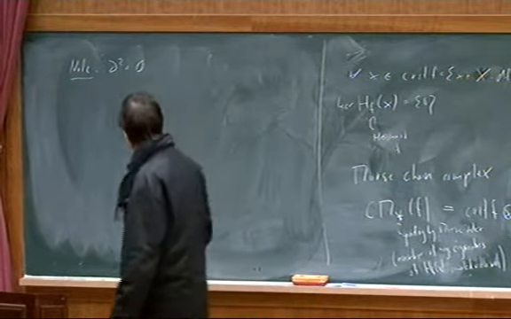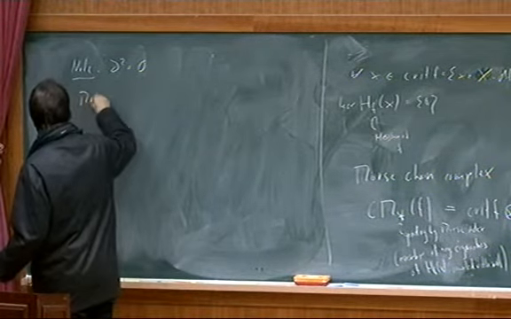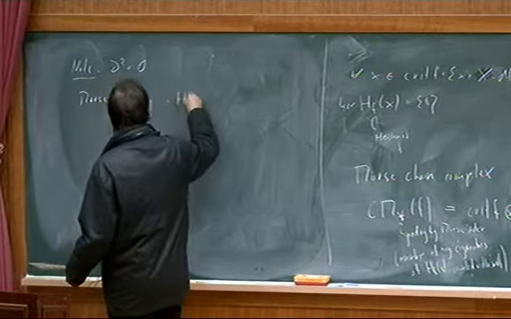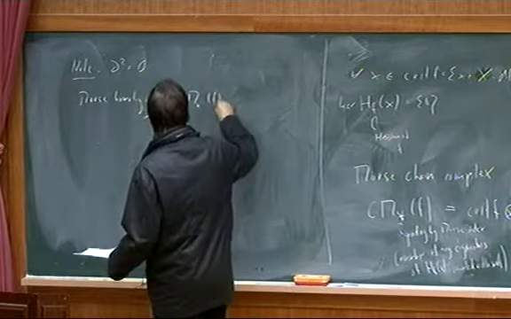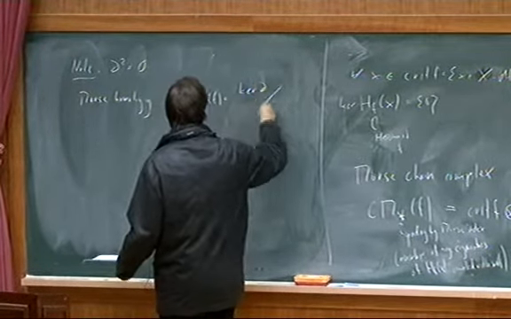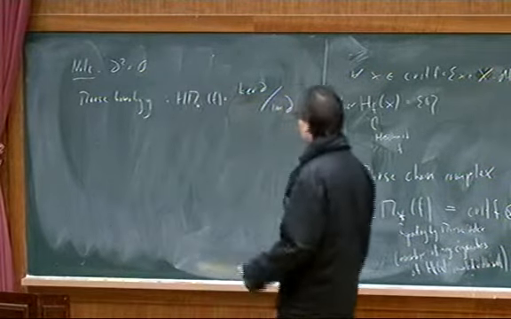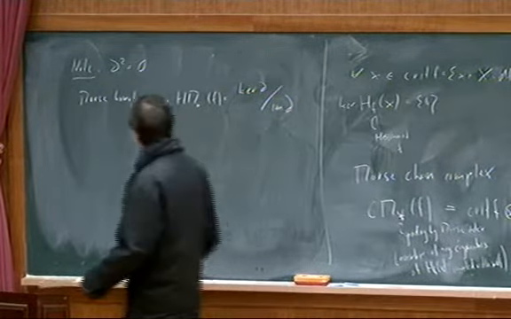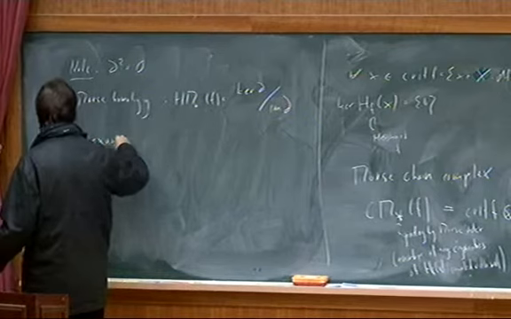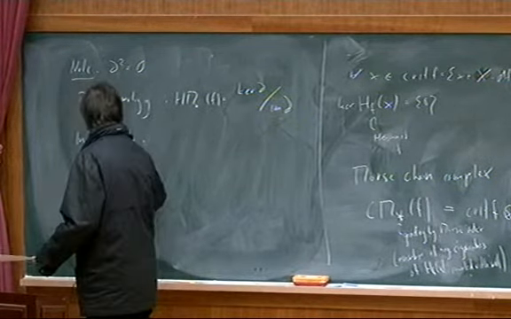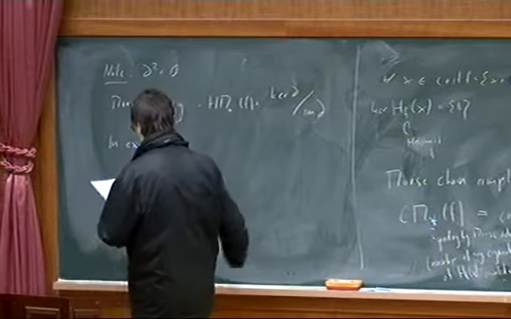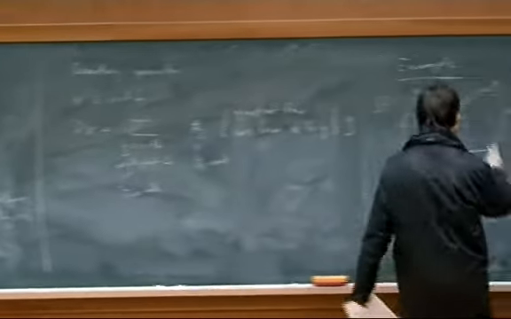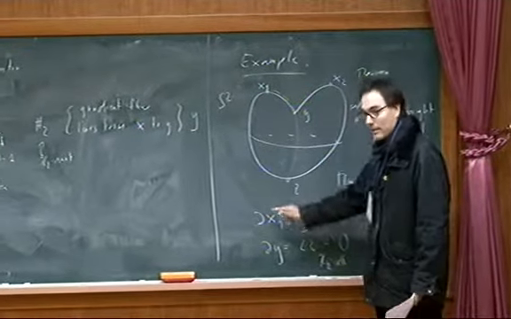And as soon as we have d squared equals 0, we can define Morse homology just as H_n(f), the quotient of the kernel modulo the image of this boundary operator. If we compute what happens in this example, in degree 2 the maxima are not in the kernel, but the sum of them is in the kernel.